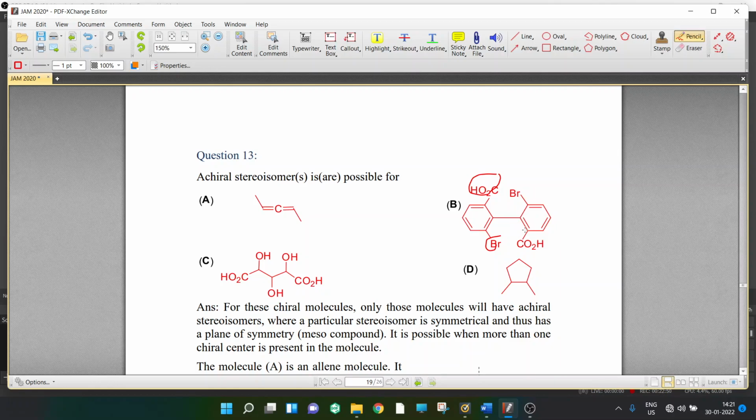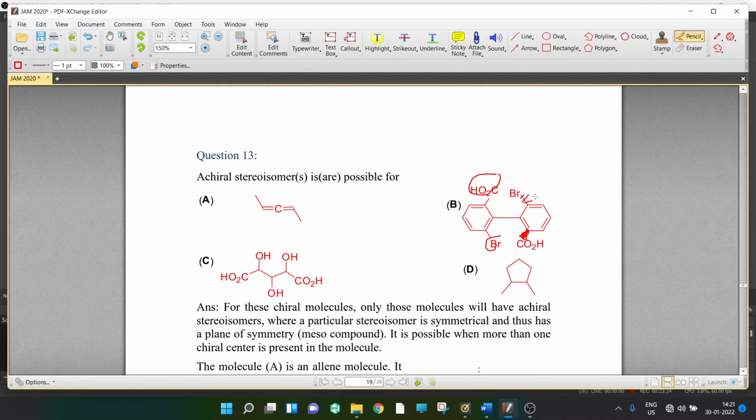Otherwise it could have been that this Br goes inside the screen and this COH comes outside the screen. So one of them will be like that, and in the other case the Br will be outside and the COH will be inside.